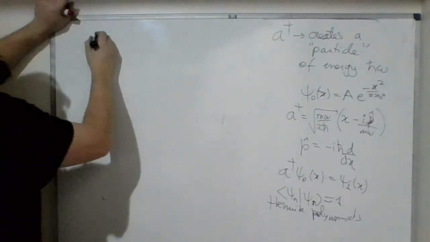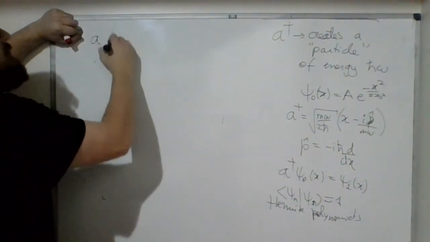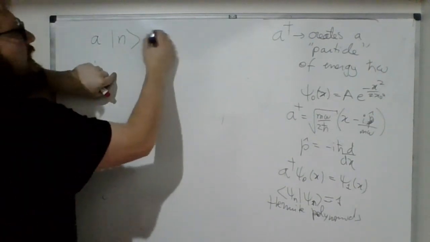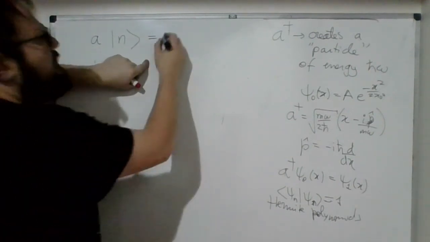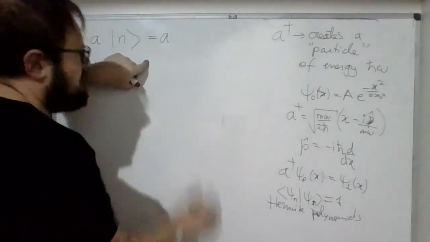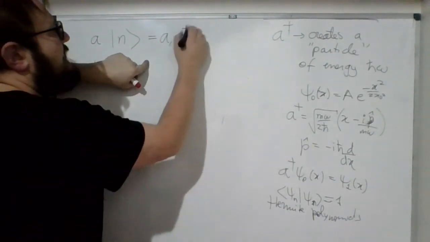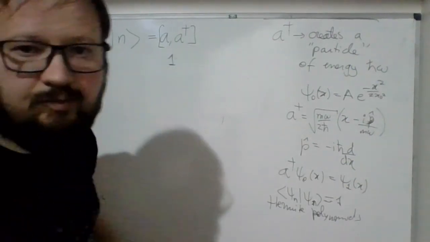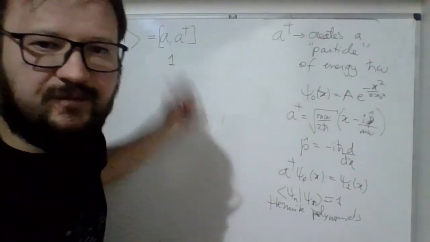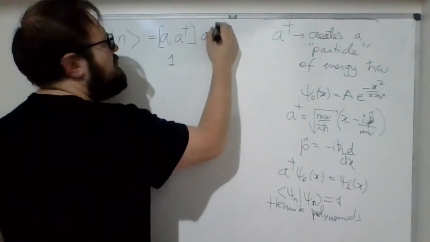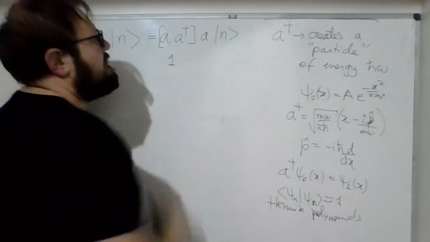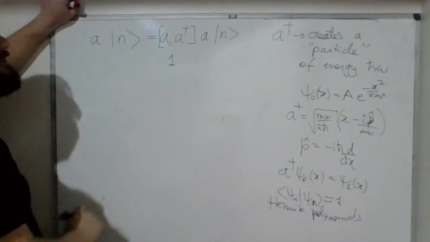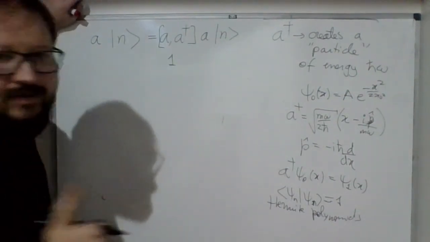Look, if we apply A to some state n, all right, I can rewrite that in the following way. A commutated with A dagger, which is just 1 here. I am putting 1 in front of the equation, so it just does not change anything here. And I'll find out the following thing here.